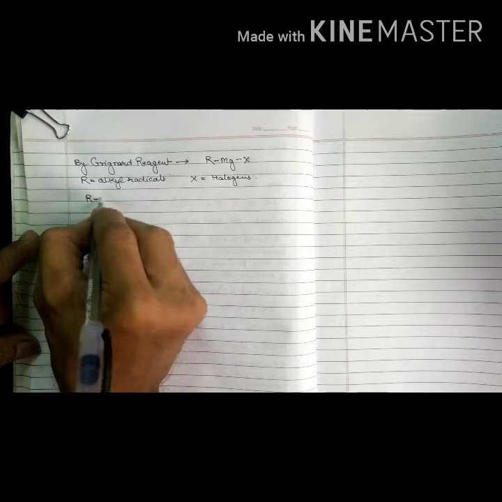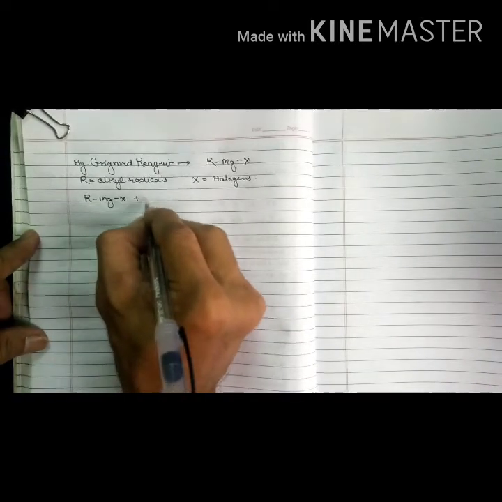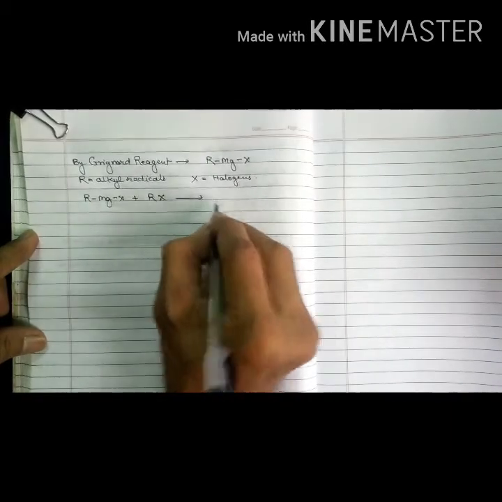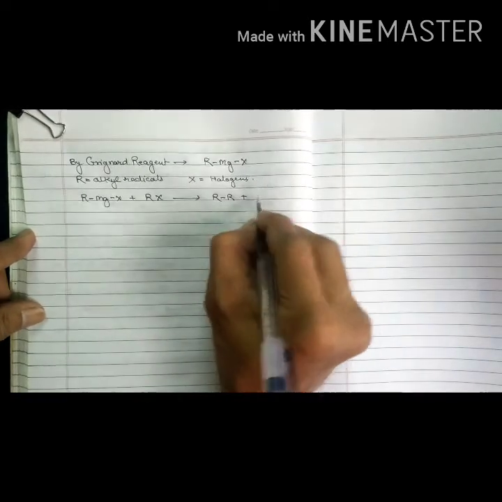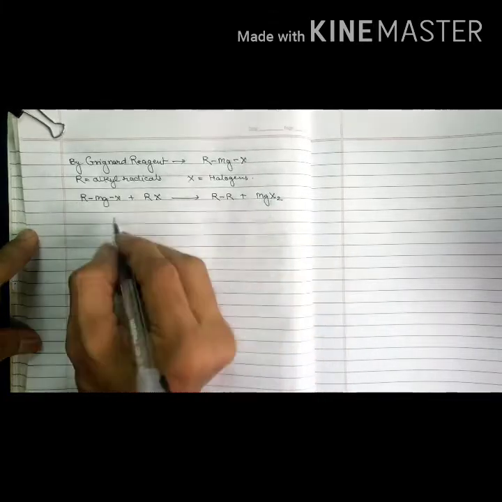The reaction is RMgX, the Grignard reagent, when reacted with any alkyl halide, gives alkane and magnesium dihalide.